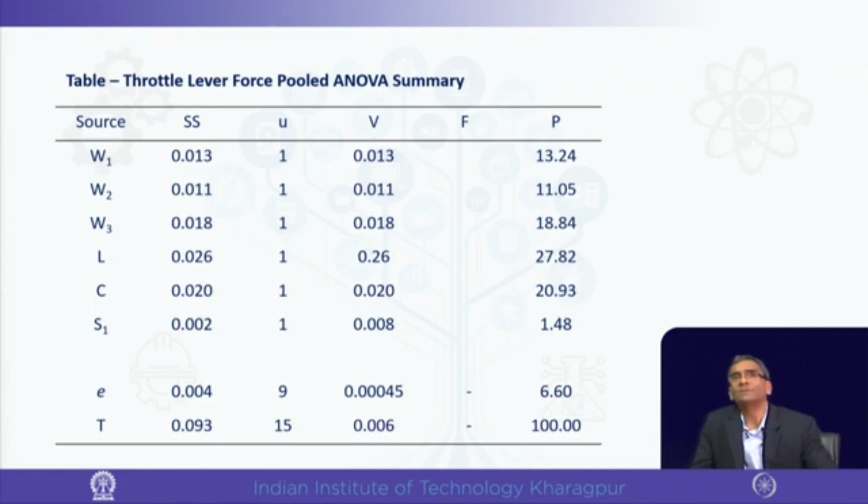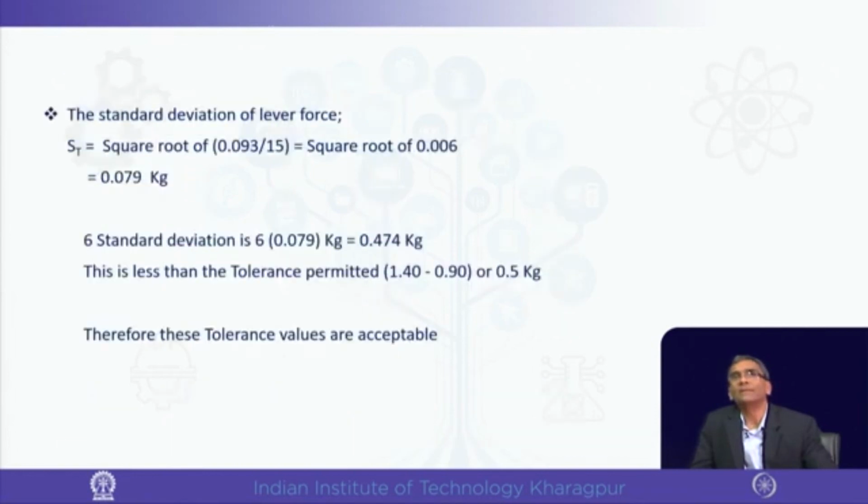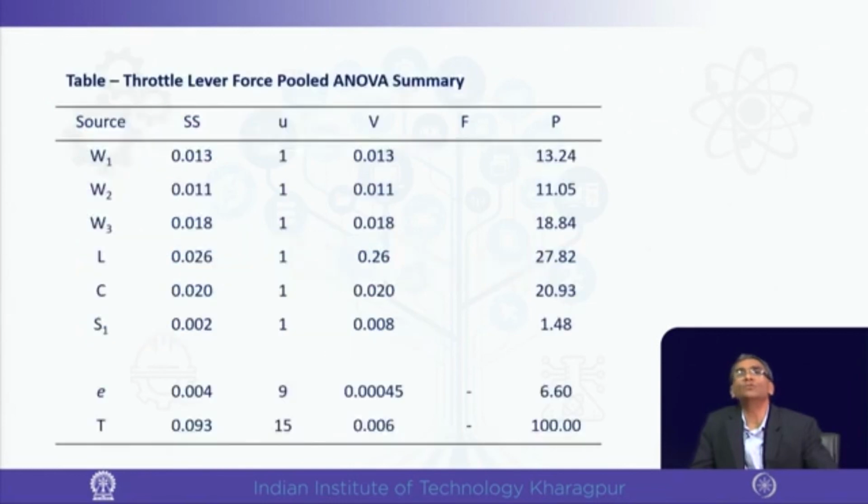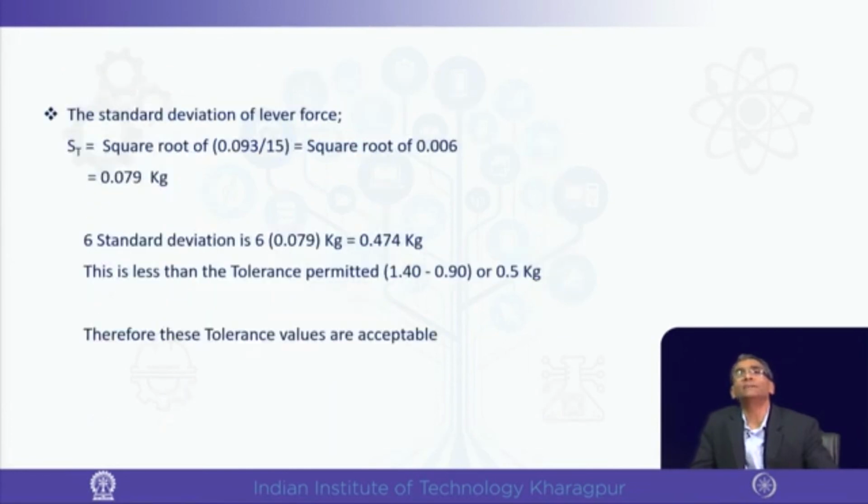Now, what happens? This would now require us to find out the standard deviation, which is the square root of the variance, which is 0.093 divided by 15, as we can see here the total sum of square is 0.093 by 15, and 6 standard deviation is therefore 0.474 kg.